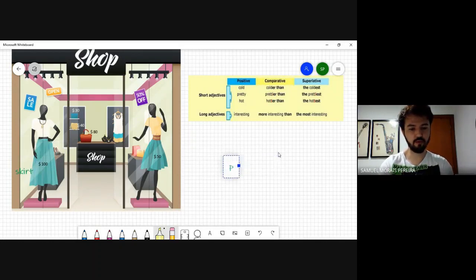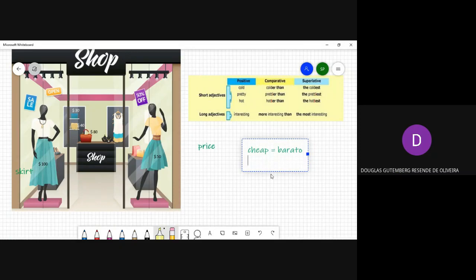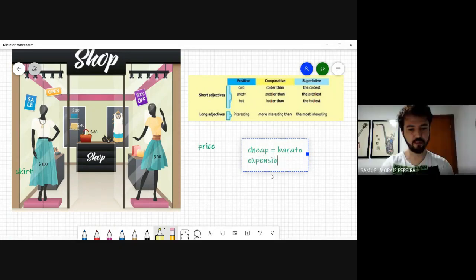I wanted to compare them, okay? And I wanted to talk about their price, right? I'm gonna give you some adjectives just to help you, okay? So, cheap significa barato, right? Do you know how to say caro? Expensive, exactly. So, could you compare the two skirts, please?